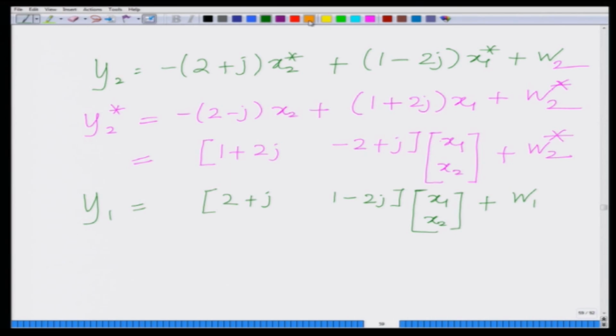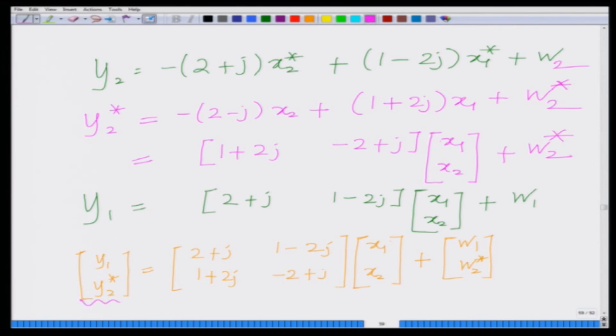Now, when I combine these both, I have y1, y2 conjugate equal to the matrix [2+j, 1-2j; 1+2j, -(2+j)] times x1 x2 plus w1, w2 conjugate.